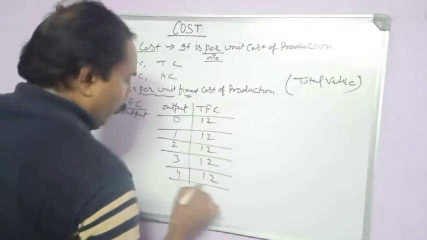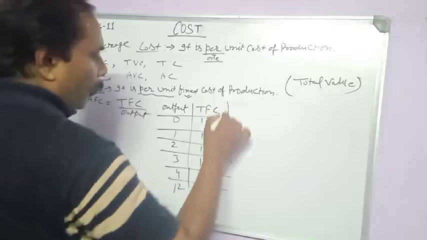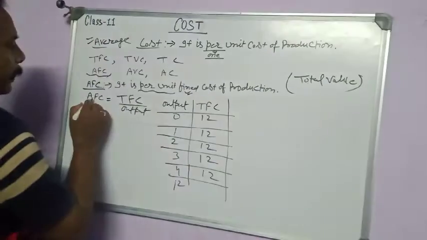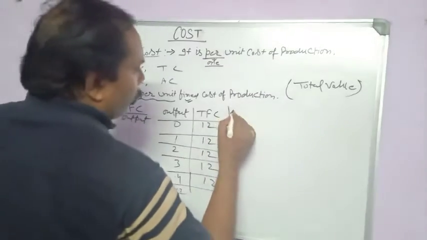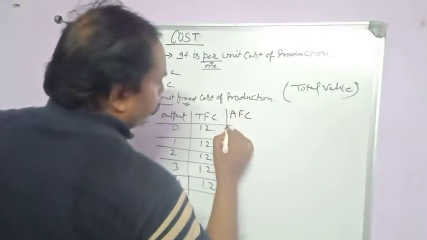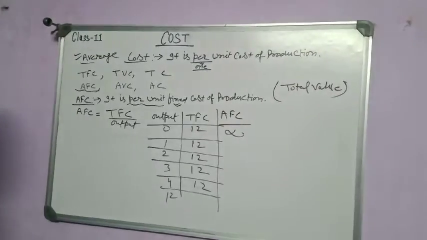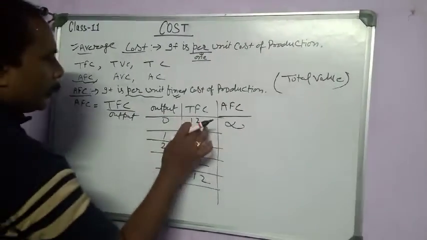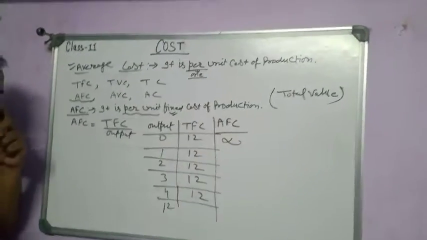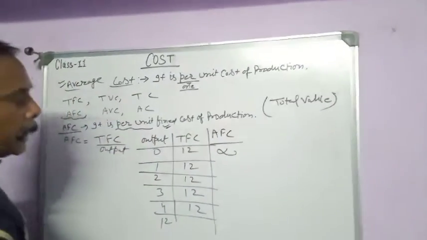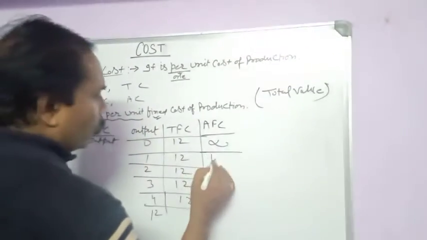Fifth, 12. That was our TFC. Now, as we know that average fixed cost is equal to TFC divided by output, so here AFC is equal to infinite. Why will it be infinite? Because any number which is divided by 0 will be infinite. Clear?